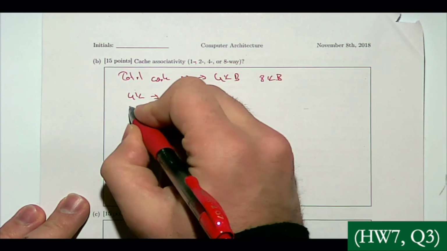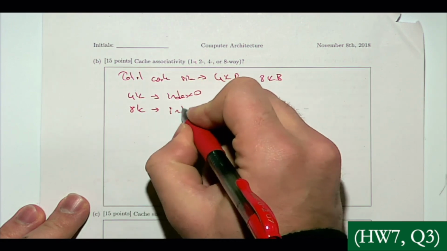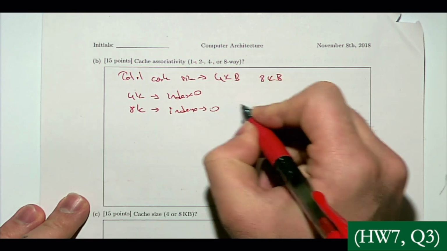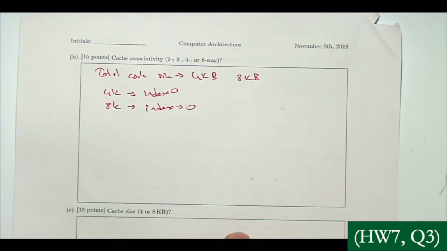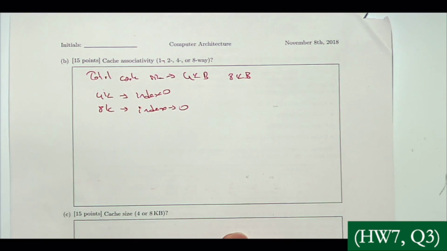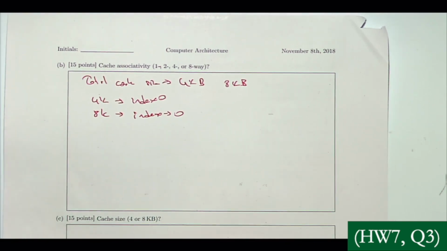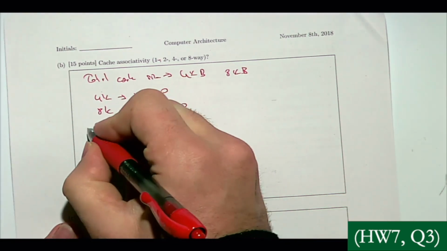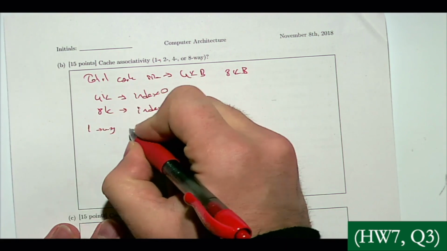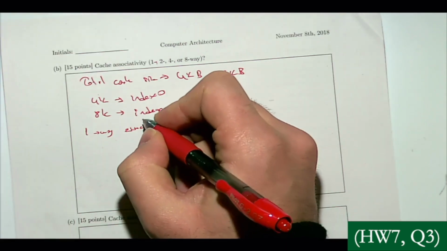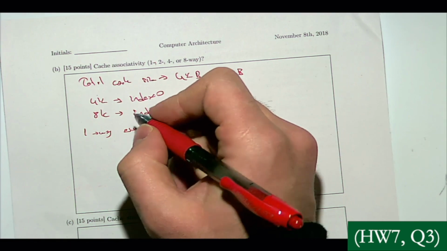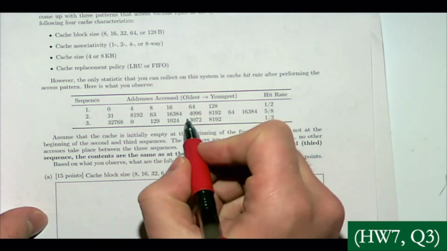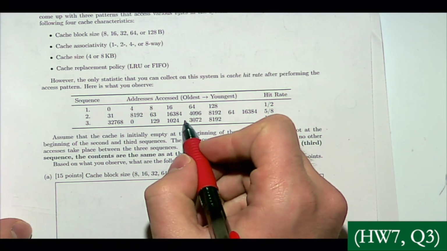And for the 8K, again, it will try to access index 0 if the cache size is 8 kilobytes. We need to keep this in mind first, and then let's assume that this is one-way associative, and write down all the accesses that are multiples of 4K.